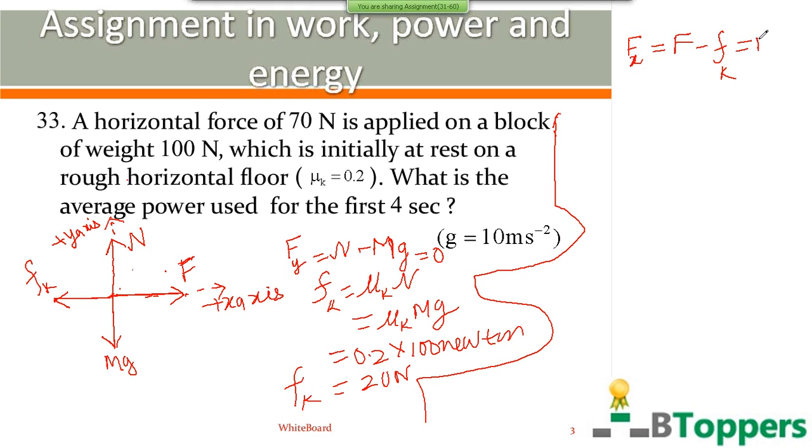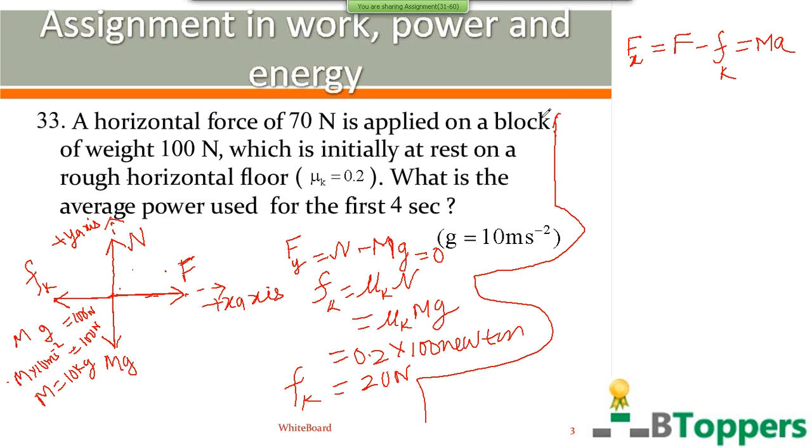According to Newton's second law, the magnitude of the resultant force on the block will be equal to the product of its mass and acceleration. Now here the weight mg of the block is given to be 100 newton, and the acceleration due to gravity is given to be 10 meters per second square. So you get the mass of the block equal to 10 kg.